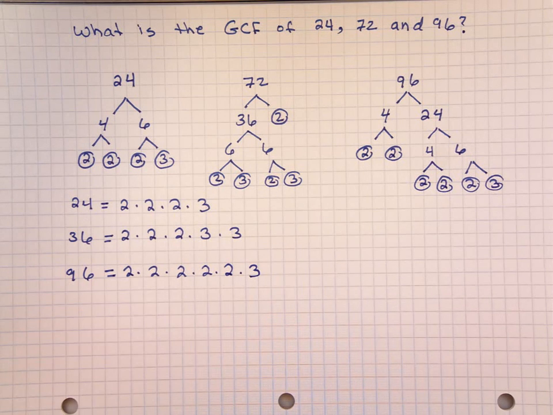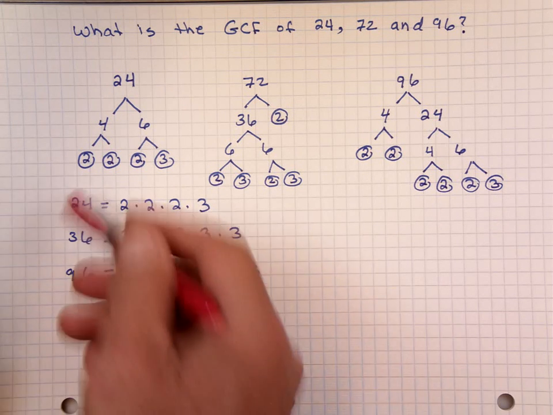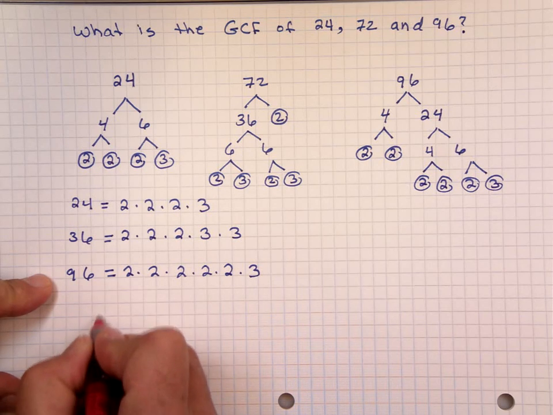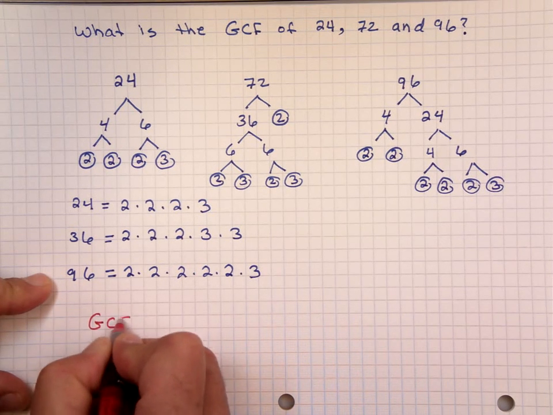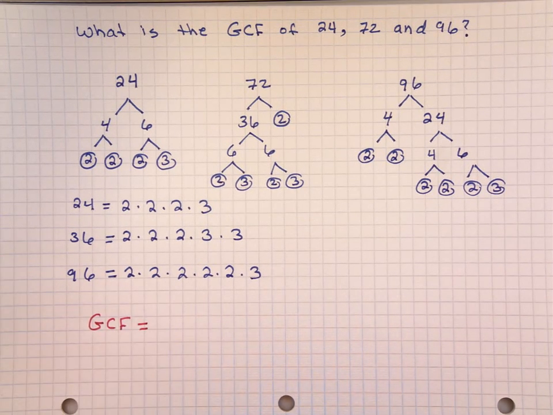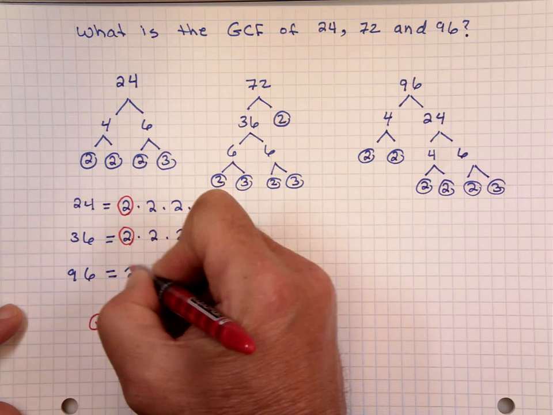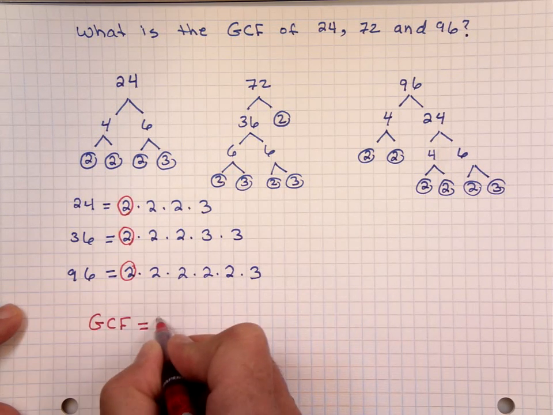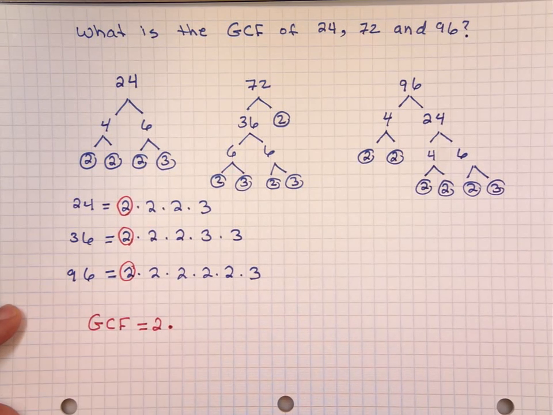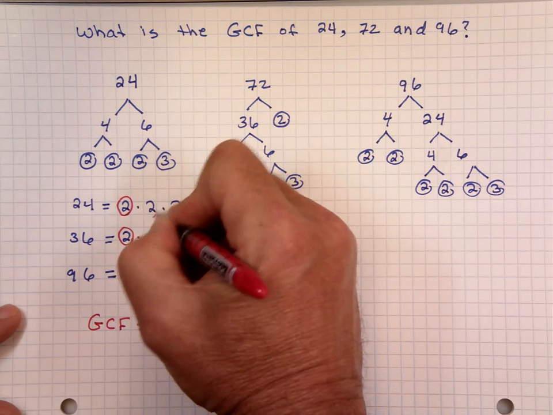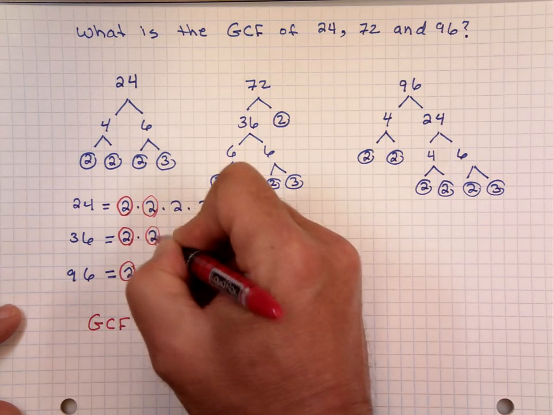And now once we factor these completely, let's find the GCF. We need to find the largest number that is a factor of all three numbers. Well, quickly I see they all have a 2 in them. There's this 2 common to all of them. So it's 2 times. Oh, I see another 2. That's common to all three numbers.